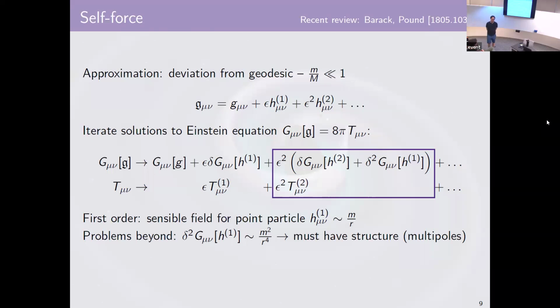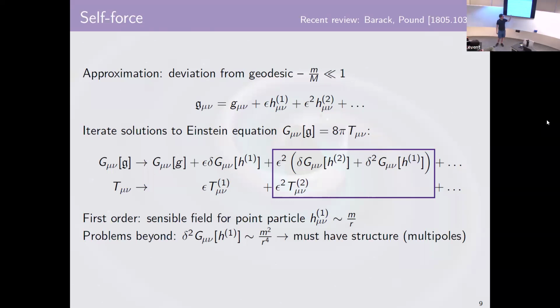Just making the analog to electromagnetism. You have higher order 1 over R expansions and just need to sort both. Yeah, exactly. It's just that it is more complicated to formally establish that in GR.